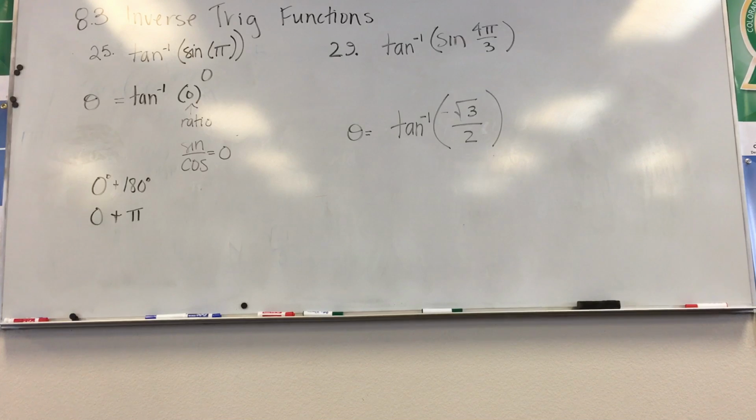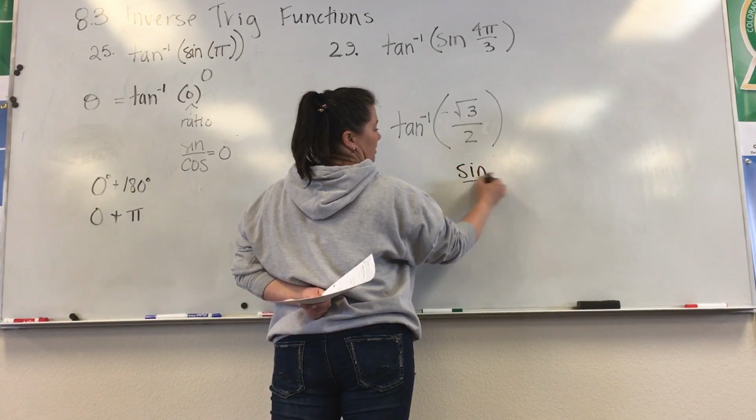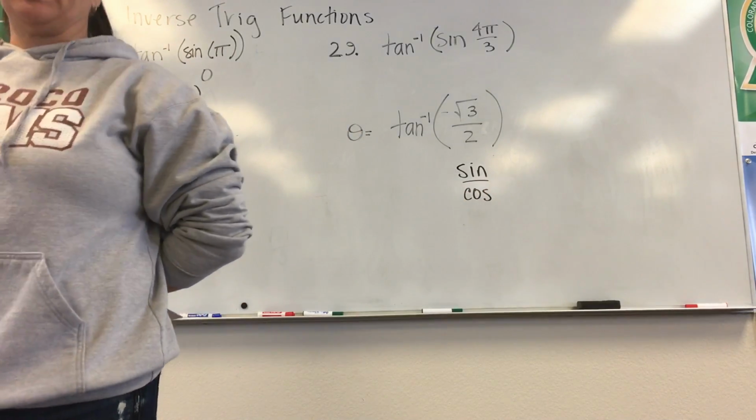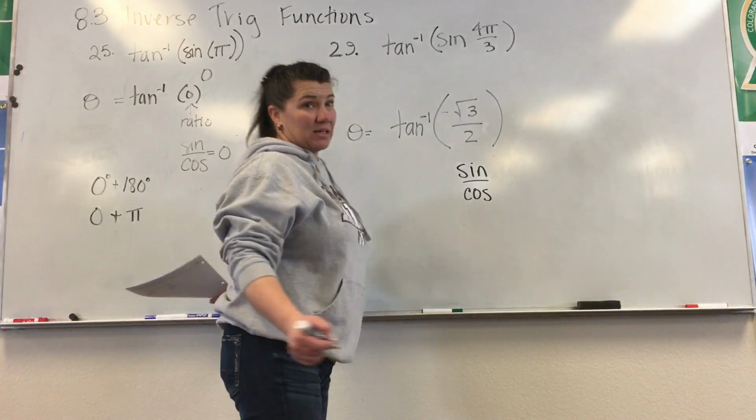Is there a combination of sine over cosine, because tangent is sine over cosine, that would give me the negative square root of 3 over 2? Sounds like a trick question. There is not.